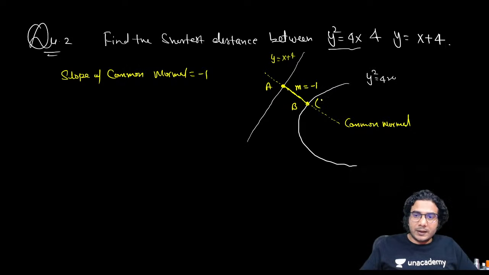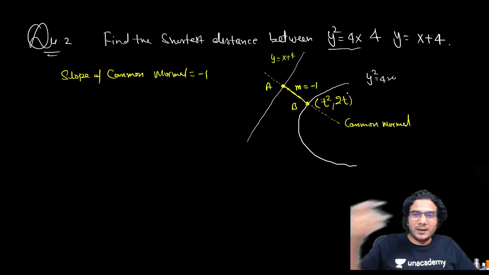This point you can take as t comma, a is 1, so t square comma 2t.